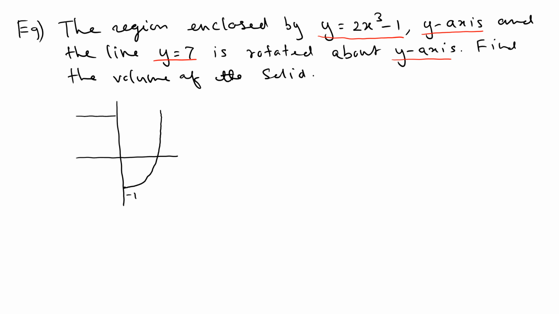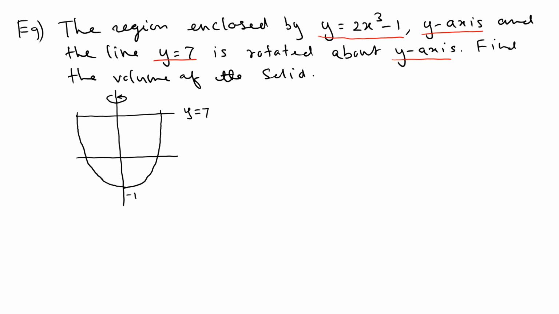You can see when you plug in x equals 0, you get -1. Now we're going to rotate this region about the y-axis. So that means it's going to jump to the other side. So it's going to be like this now.